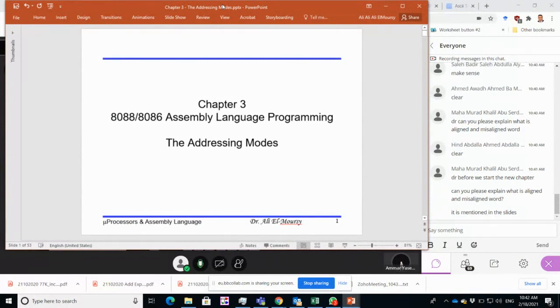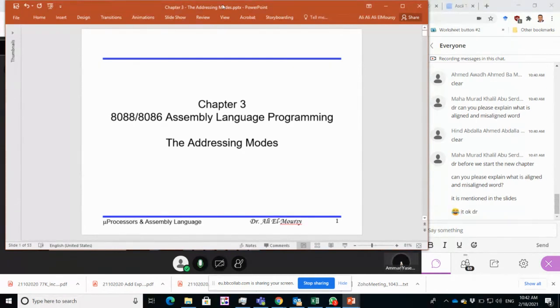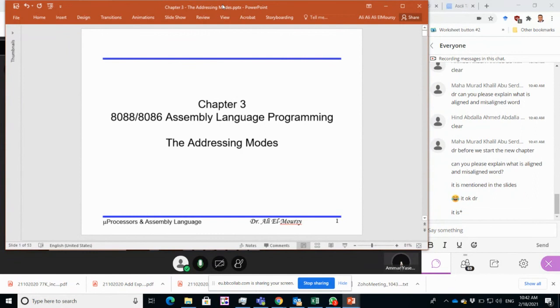Ma has asked a question. Can you please explain what is an aligned and what is a misaligned word? And my answer to Ma, respectfully, no. Okay, alignment. We were always explaining it, and actually it's not that much related to the rest of the material for this course, so I decided to omit it.